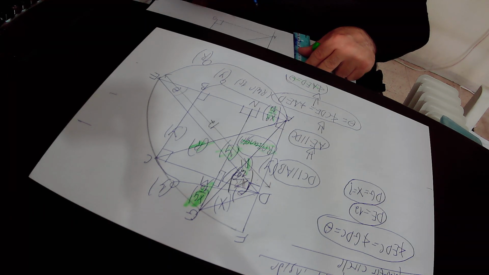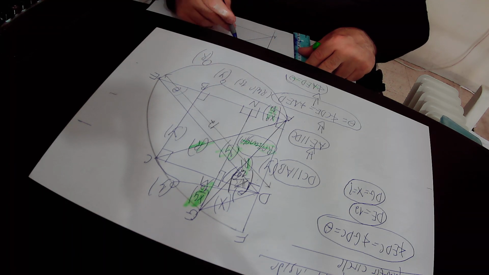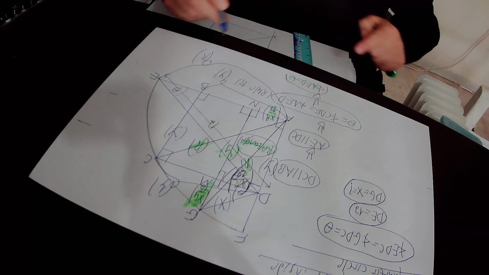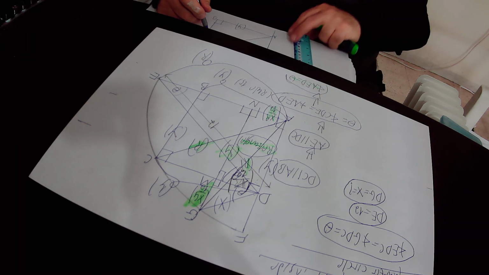We found that the hypotenuse AC has length R, equal to the radius of the quarter circle. AB equals Y, and BC also equals Y. They are both sides of the square, and all sides of any square are equal to each other.